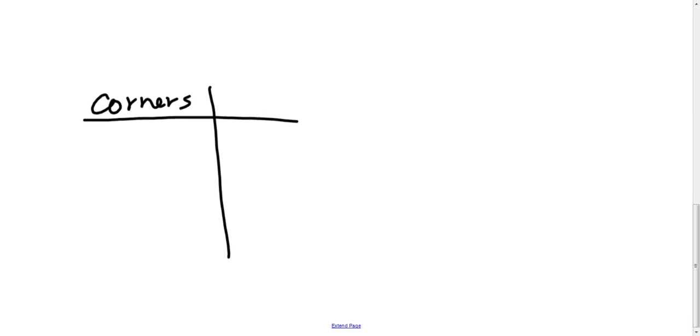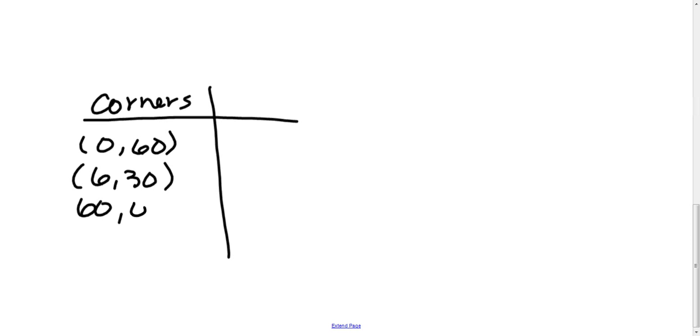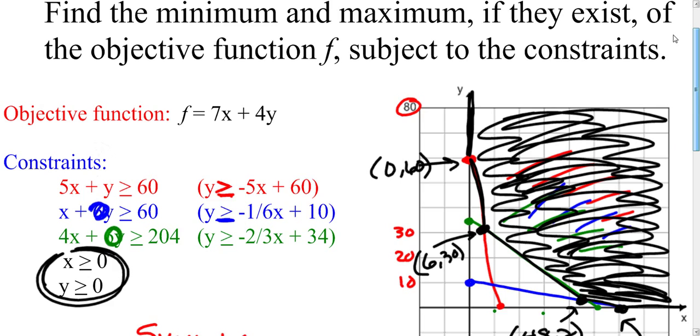So, just again, my corners were at 0, 60, 6, 30, 60, 0, and 48, 2.